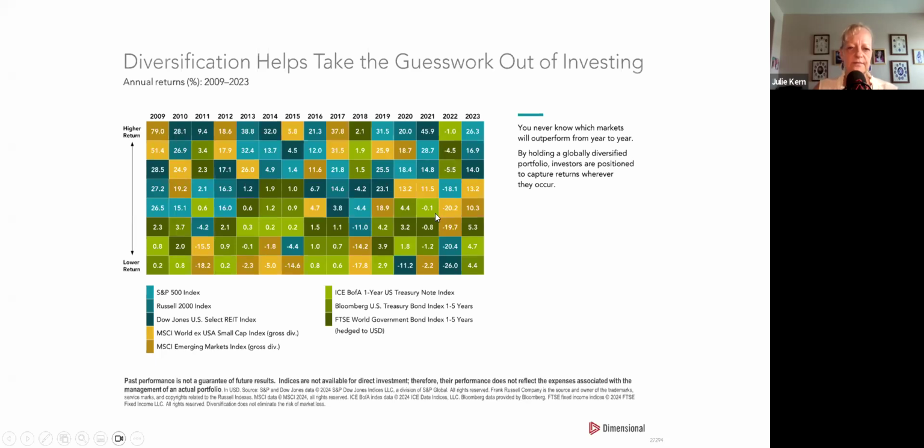But apart from that, it's very random. So the takeaway from this is just that you can't accurately predict which area of the market you should be in next year. And so it's better to have just a well-diversified portfolio than to try to predict where to be in the next period of time.